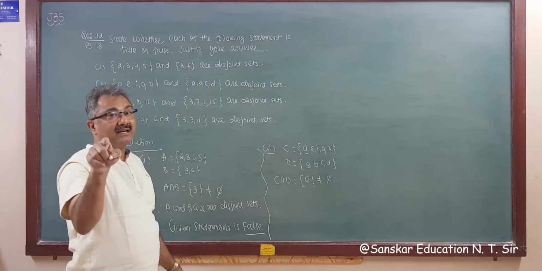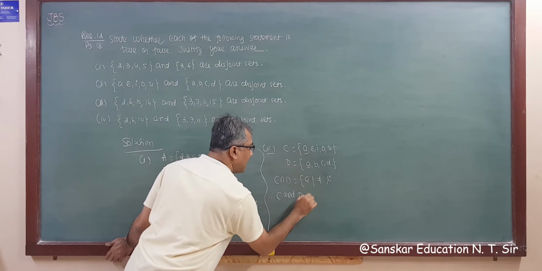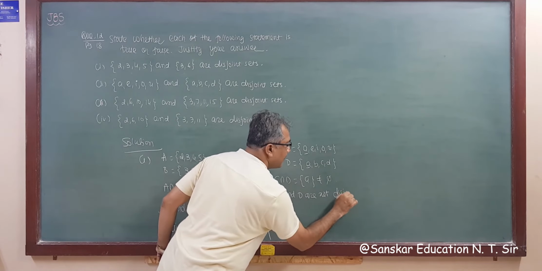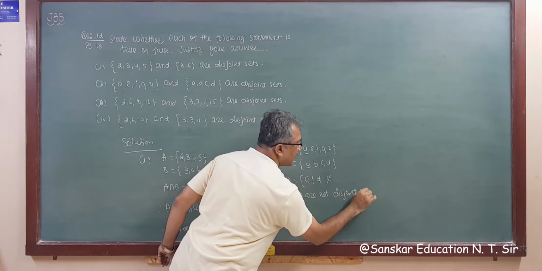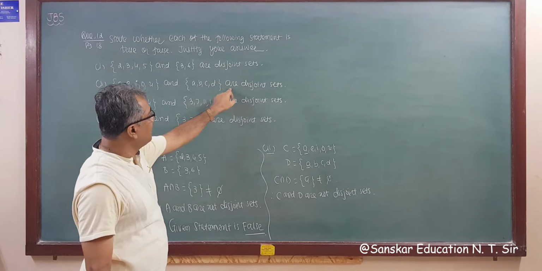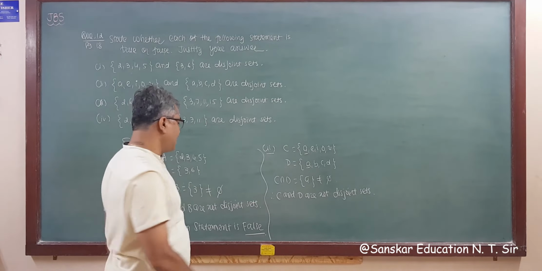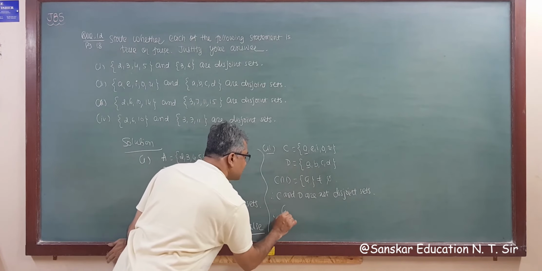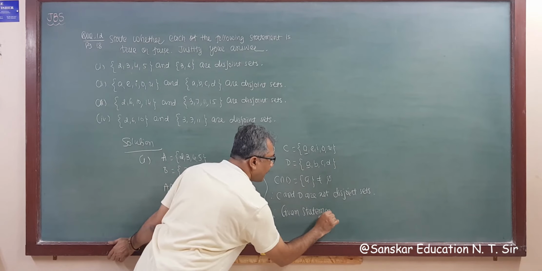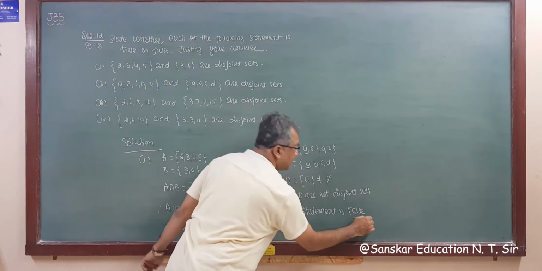So C and D are not disjoint sets. And what is given? Given that C and D are disjoint sets. But this is not a disjoint set, therefore the given statement is false. Again, this is also false, right?